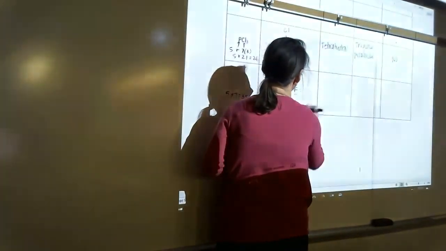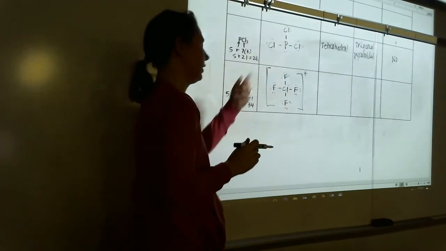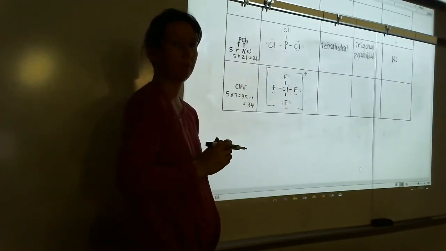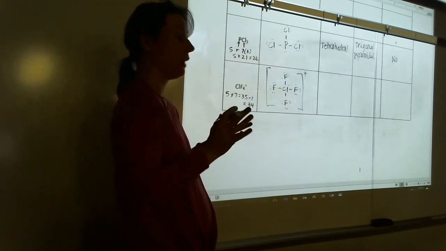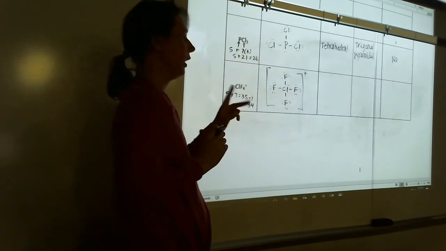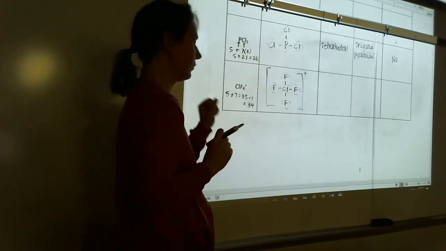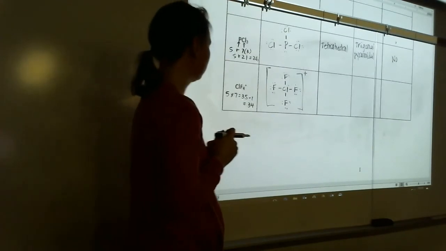Is it okay to, instead of make that lone pair sit on the central atom, what if I just turn it into a double bond? Would that be okay? Am I allowed to do that? No, you're not, right? You're only allowed to make double bonds to either fix a formal charge problem or give a central atom an octet. So no, you can't make it into a double bond unless there's good reason for doing it.